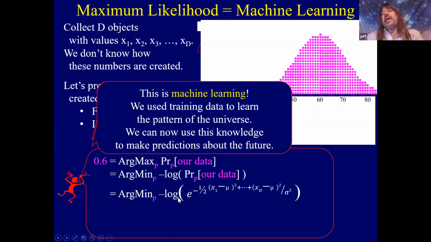Anyway, let's plug in our equation. Remember, this was the equation for the probability of getting a number. Here we have how many coin flips, x1 all the way up to xd, and that's sort of how far we're deviating from the mean.